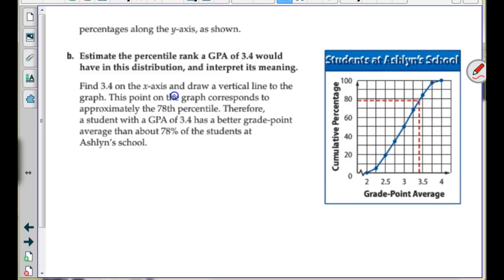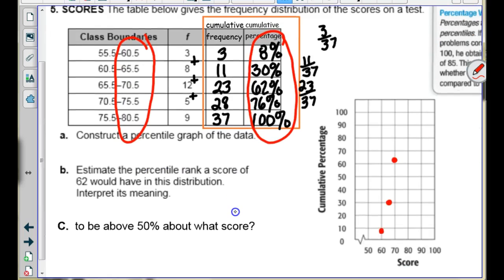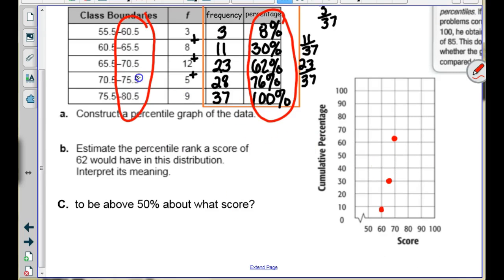I did that right, didn't I? Was it the last number? Okay, suddenly I was doubting myself. Then a score of 75 is up to the 76th percentile. And a score of 80.5 is about the 100th. So it's very steep. Did anybody else get theirs looking like mine here?